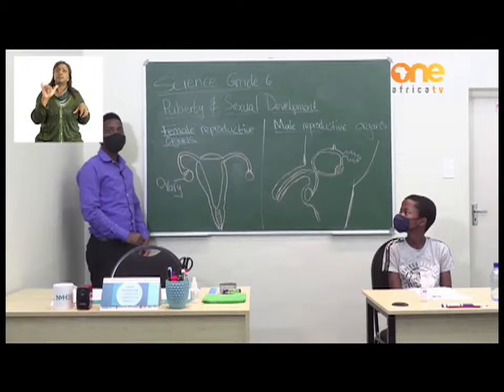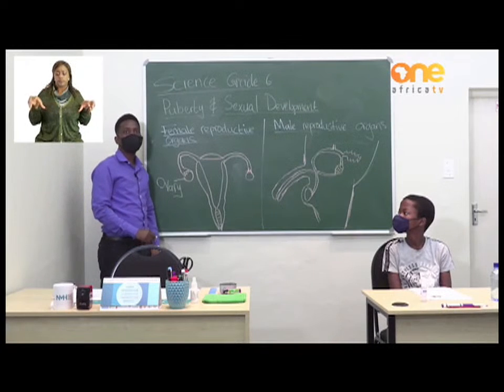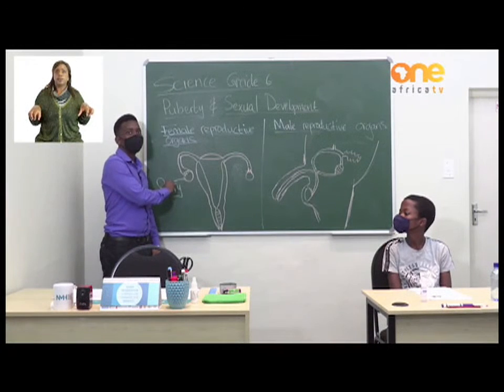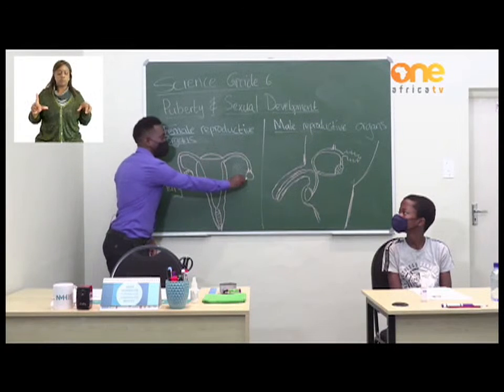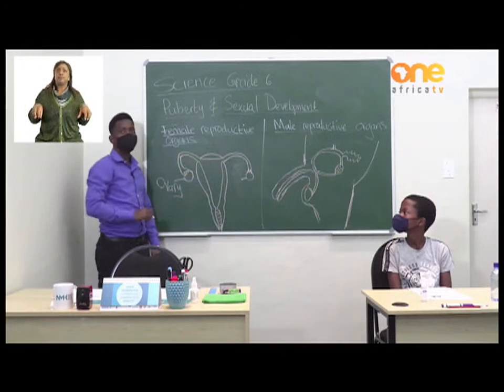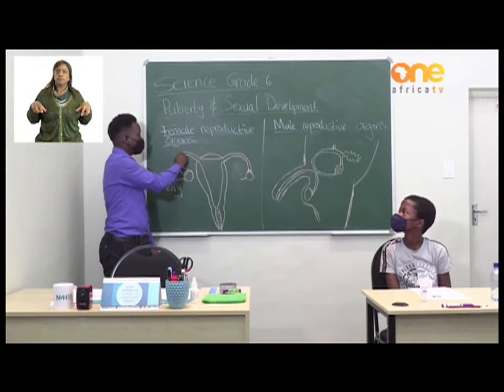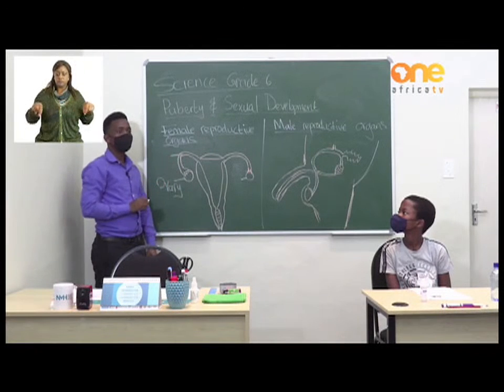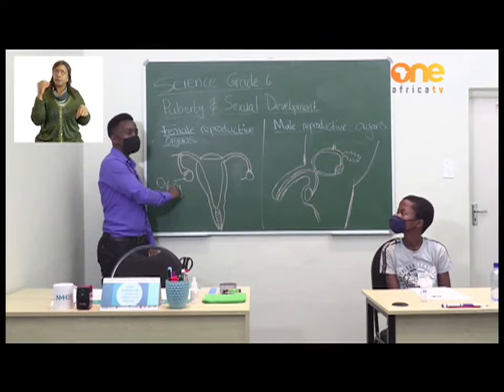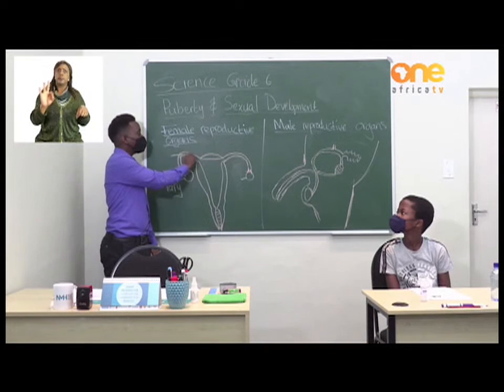Now, the ovary is a structure that is both on the left side and also on the right side. That is the ovary. Then from the ovary, we have another structure, which is right here. It is actually a tube that is coming from the ovaries, and it goes all the way to another structure.